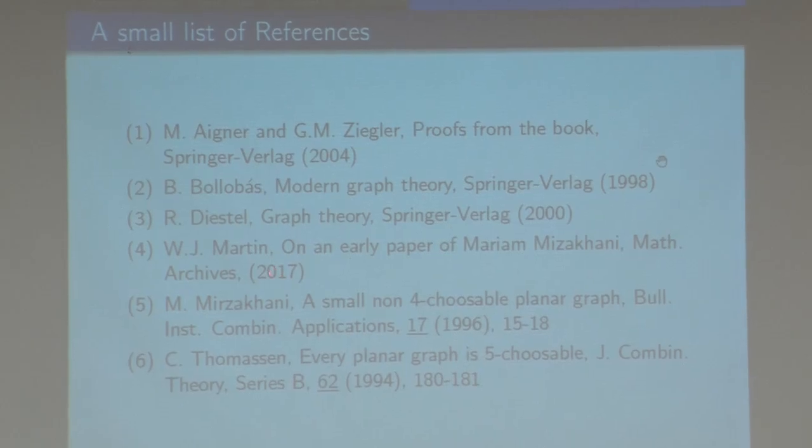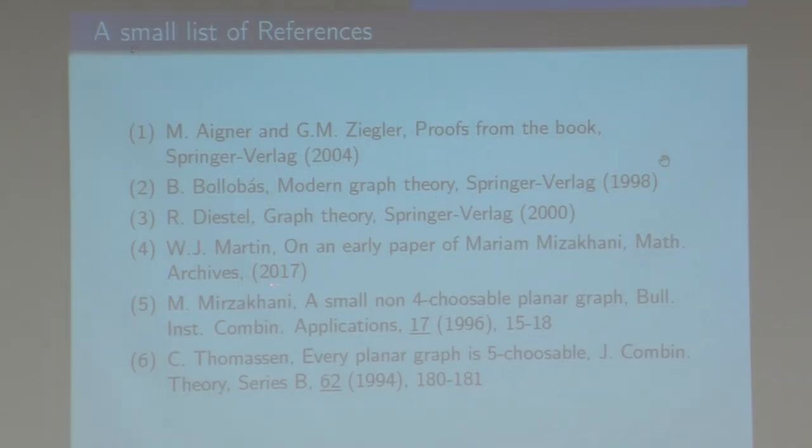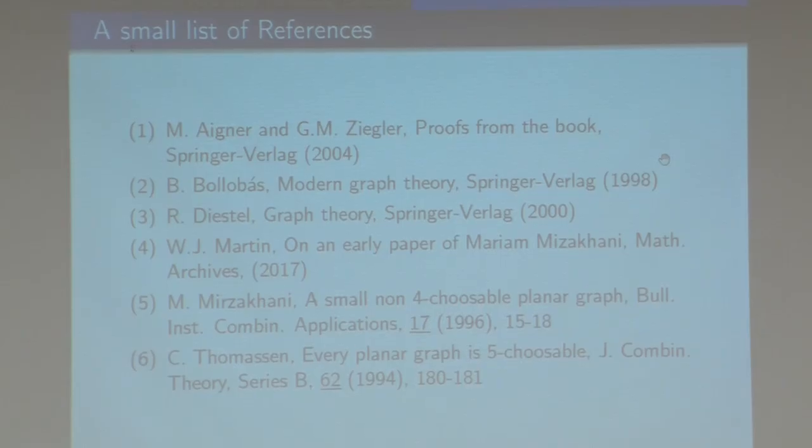This is in 17, and that paper is not published in a very well-known journal. 2 and 3 I treat as essentially standard books for anyone who wants to do anything at a higher level of graph theory. So, thank you.